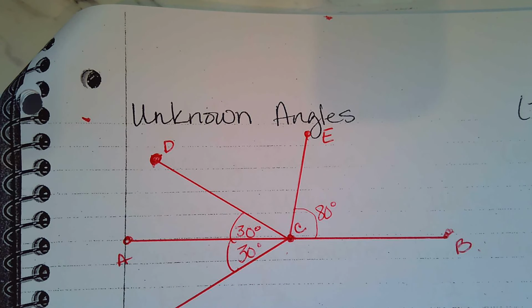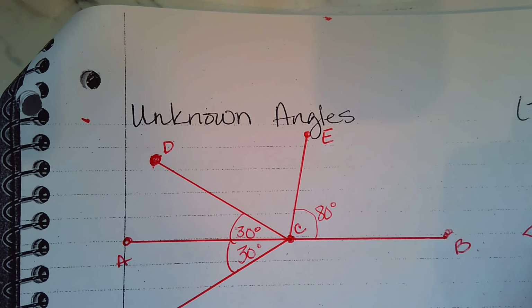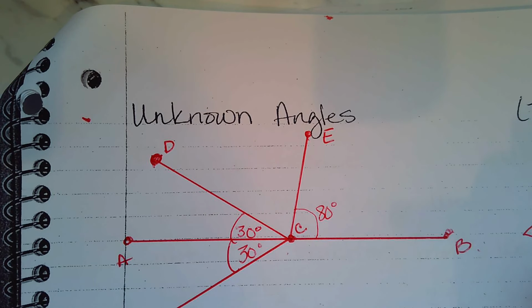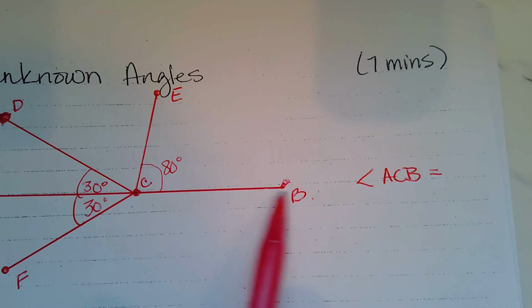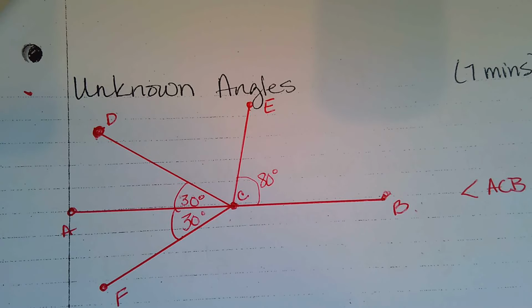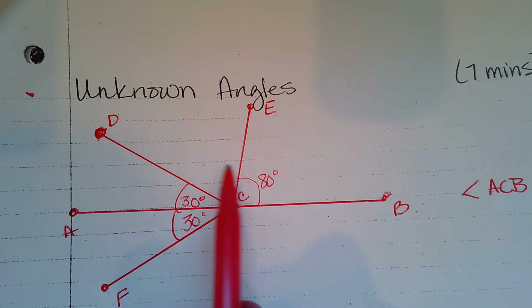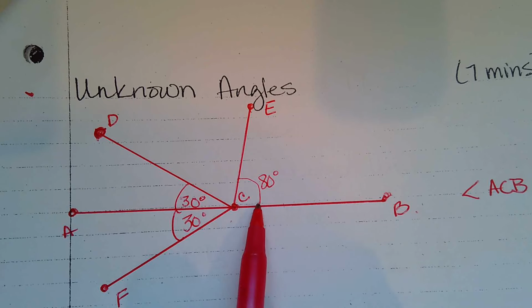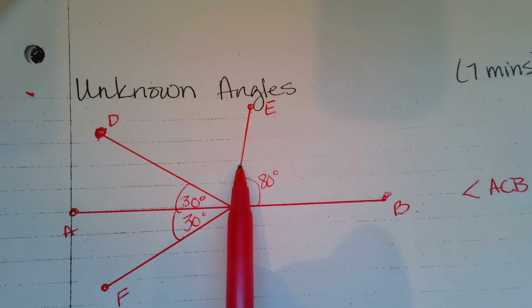All right, now. If you know that a straight line has an angle, so ACB has to equal how many degrees? A straight line. Well, it'd be 180 degrees, right? Now, if over here you have an angle of 80 degrees on this side of the line of symmetry, and you have an angle of 30 degrees, what is missing here?